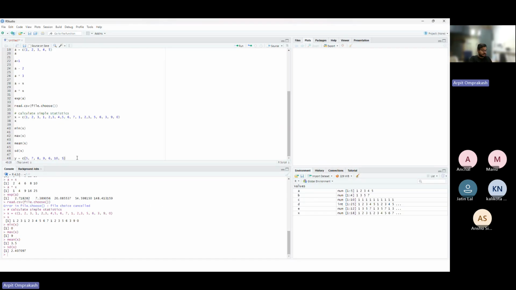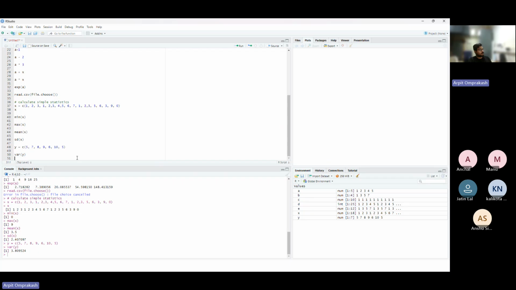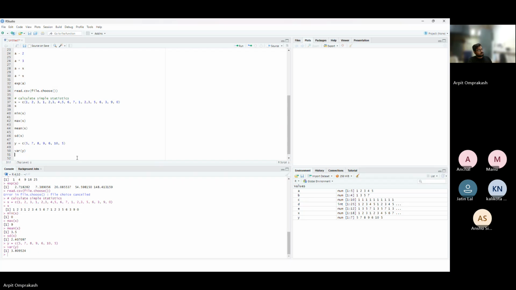Now we are taking this and we say variance of y, and we get 3.8. Here it is using the n-1 formula. That's why it's arriving at 3.8. What we used was n, which is why we got 3, because we are looking at it like a data set.